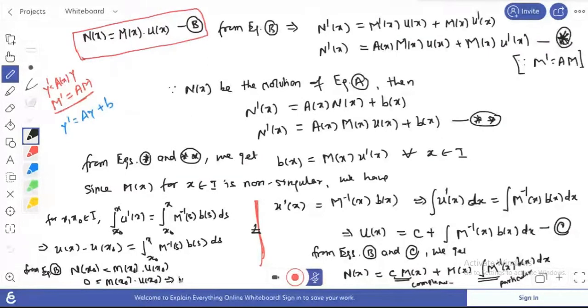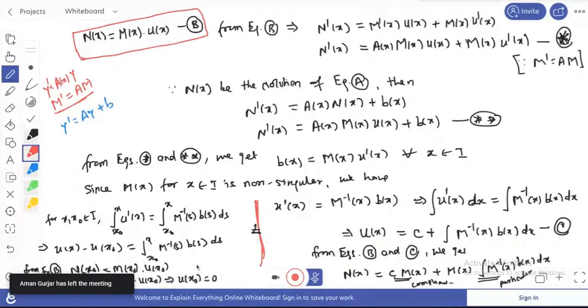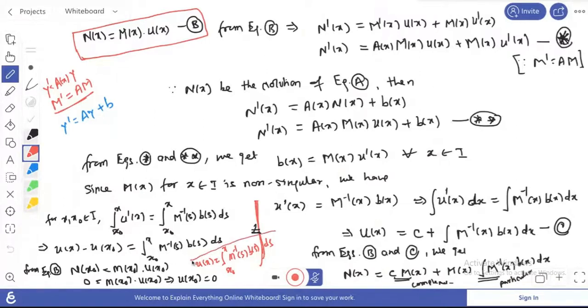So that is why u(x0) is 0. Now putting this value as 0, u(x) equals the simple integration of that term, the integral from x naught to x of m inverse(s) b(s) ds. So this is the solution. Okay, this is u(x).